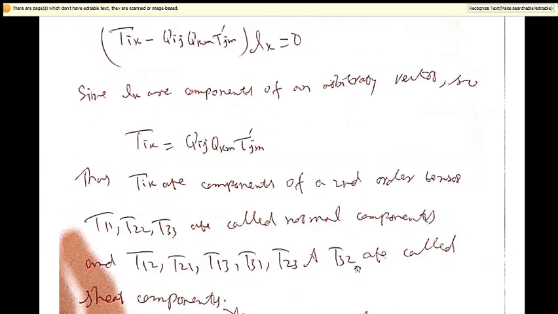Further, we will see that this tensor is also a symmetric tensor. You will see how we can prove this tensor is symmetric. We have already seen that our strain tensor is a symmetric tensor, and we will see that this tensor is also a symmetric tensor.